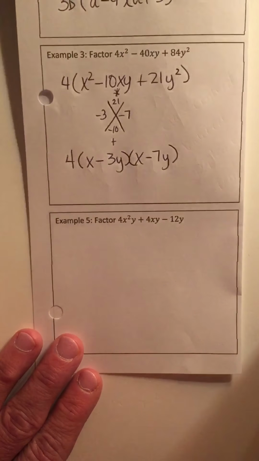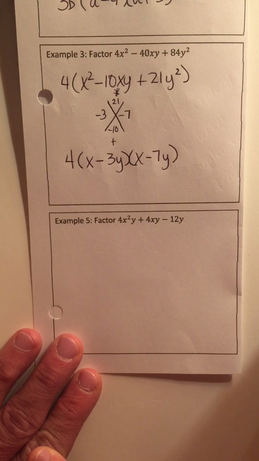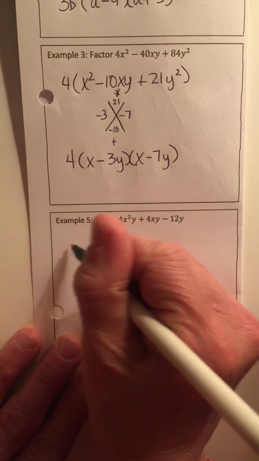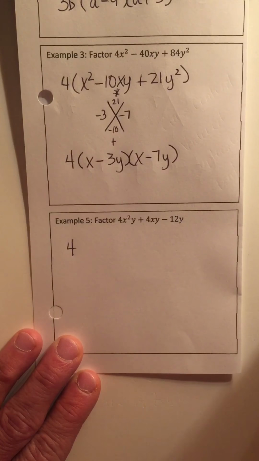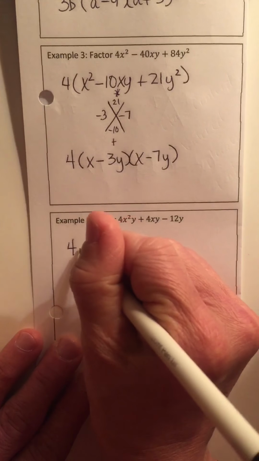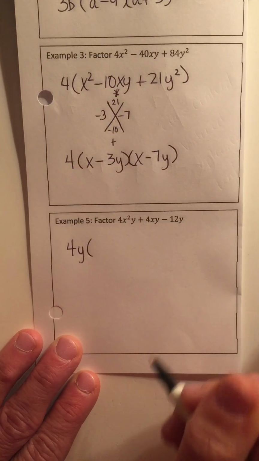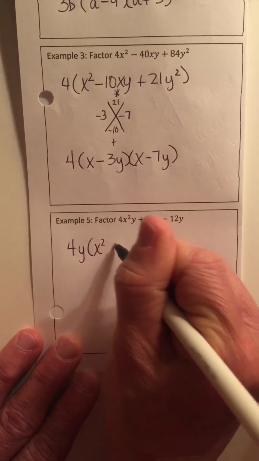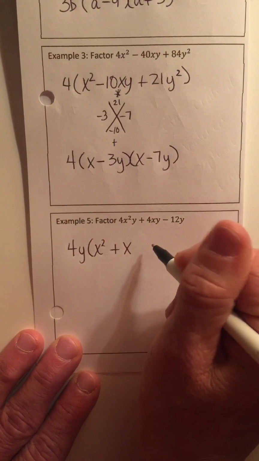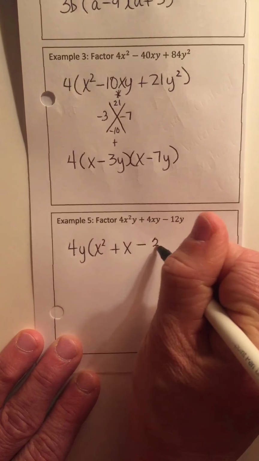Example 5, factor 4x squared y plus 4xy minus 12y. Looking at the coefficients first, we can factor out a 4. And looking at the variables, we can factor out a y. So our trinomial is going to be x squared plus x minus 3.